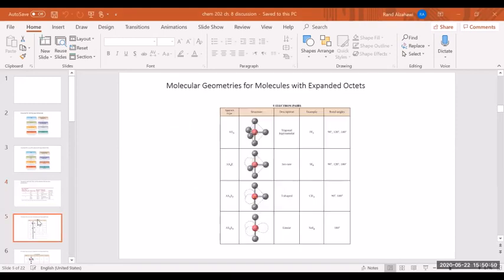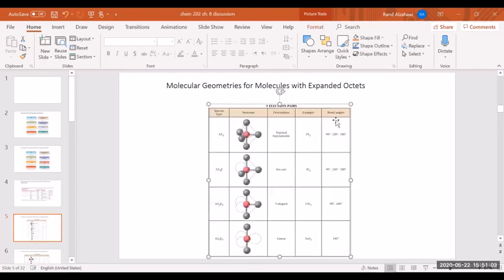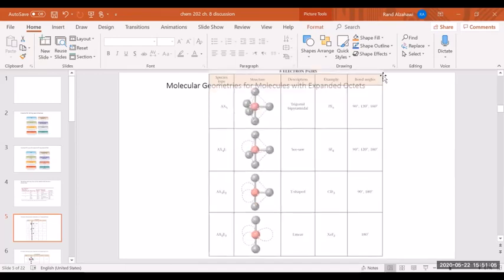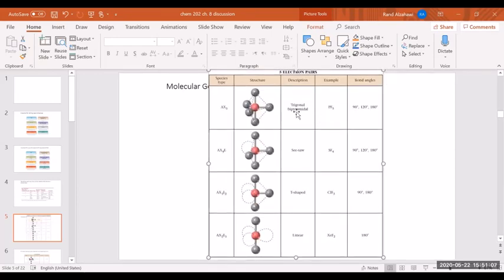Now we have AX5, just 5 atoms, so it will be trigonal bipyramidal. With 1 lone pair, it will be seesaw.